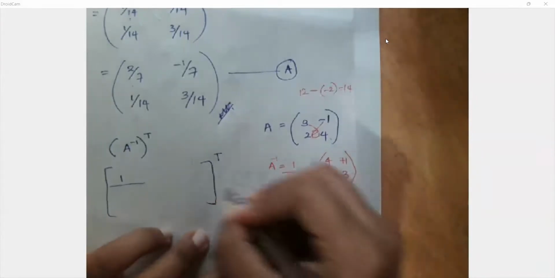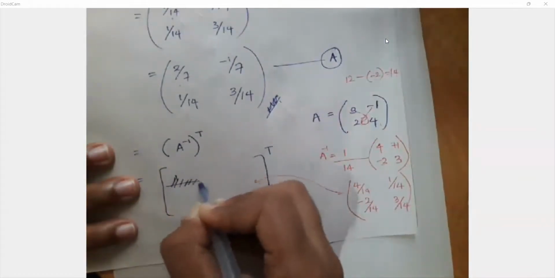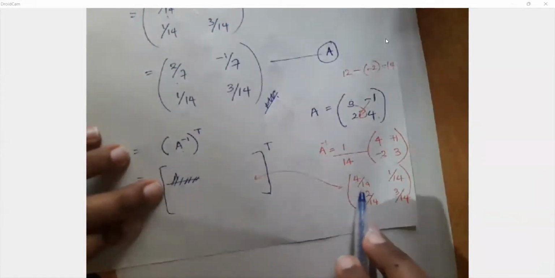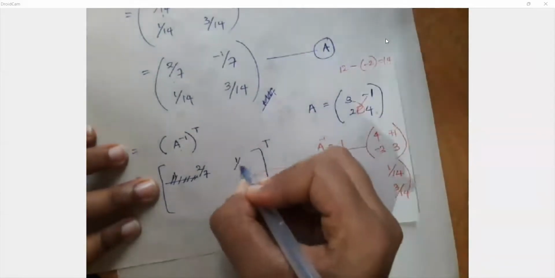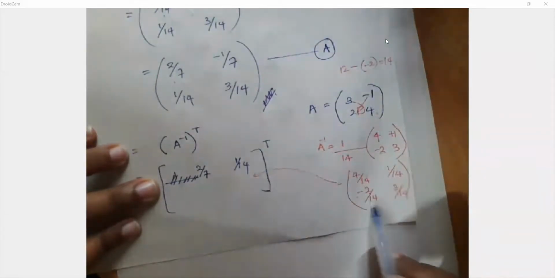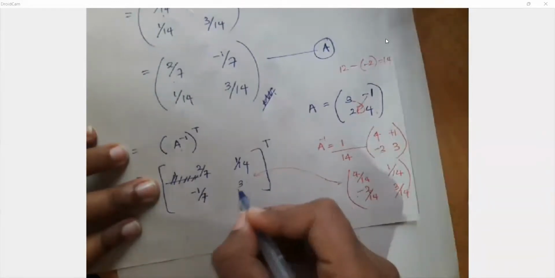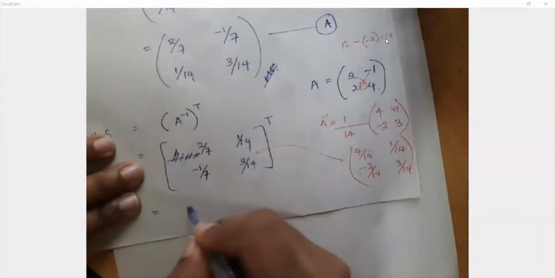Now, take this one here and put it inside. Now, our A inverse is this one. 4 over 14 means 2 over 7. 1 over 14. Minus 2 over 14 means minus 1 over 7. 3 over 14.